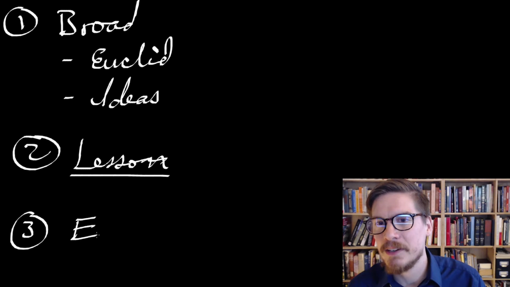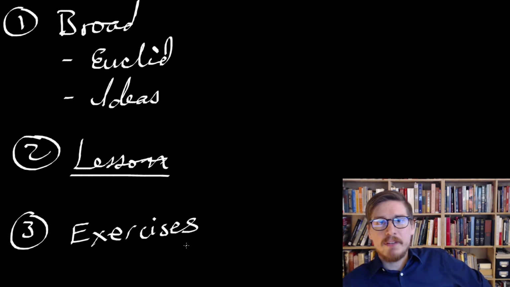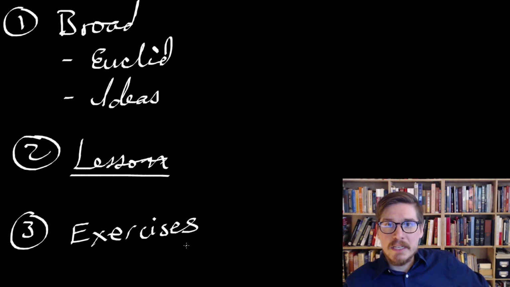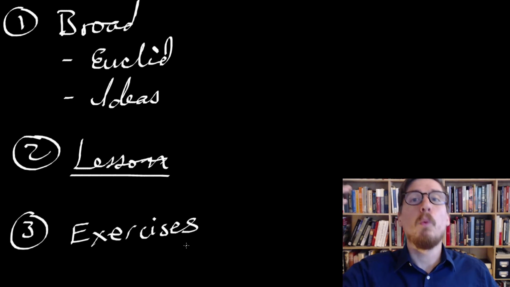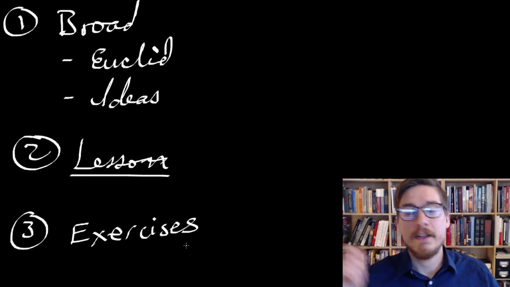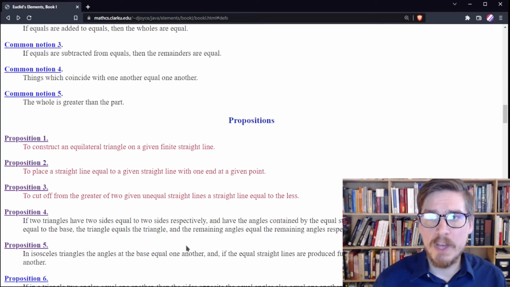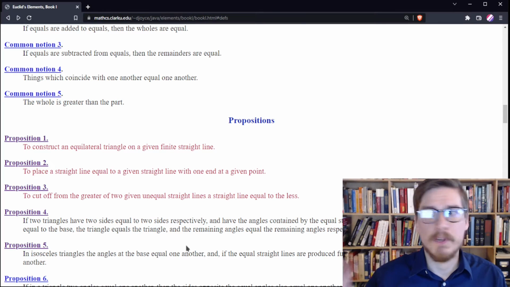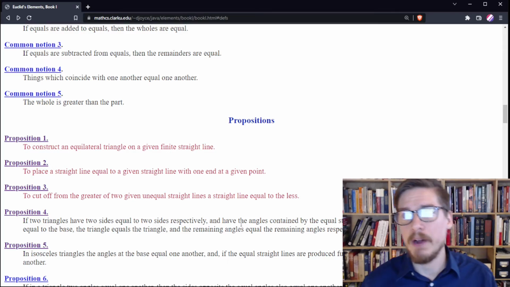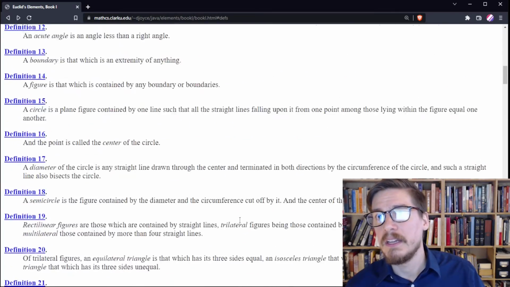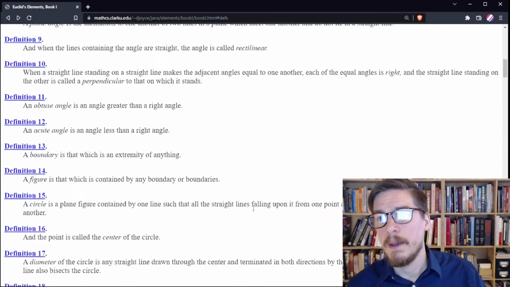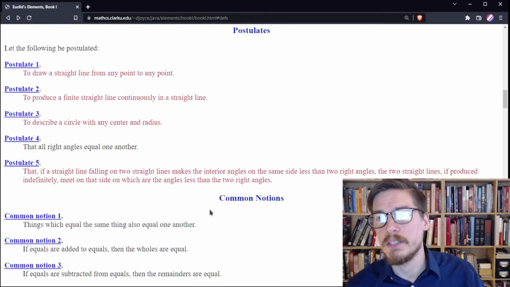Now we have the exercises. You have to have something for them to do, right? To better internalize the material of the lesson, because just reading it isn't going to be enough. So what do they do? Here's what they do. Study questions. You give them questions that would cause them to think really carefully about the definitions, the postulates, the common notions.